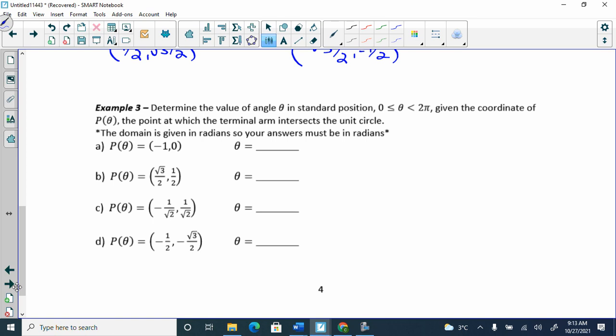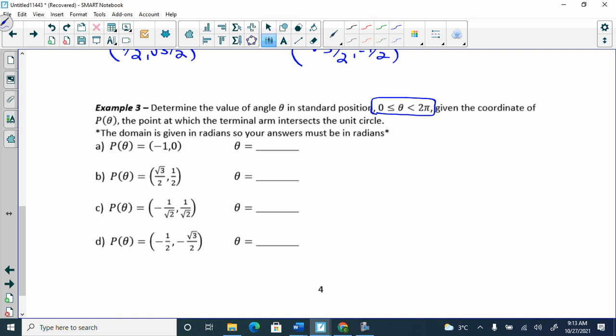Okay, example 3, what is it asking here? It gave you the coordinate, it's going to want the radian or the degree. Now the thing is both of them are answers that work, so we always have to be given a restricted domain, because if not, I'd have to give a general term answer, because it would keep going on for life, positive and negative, all the coterminals, right?